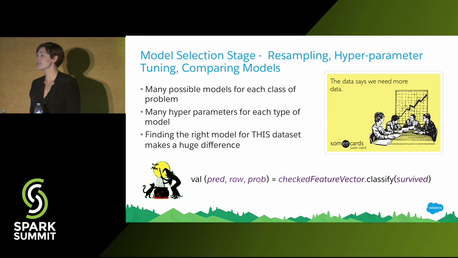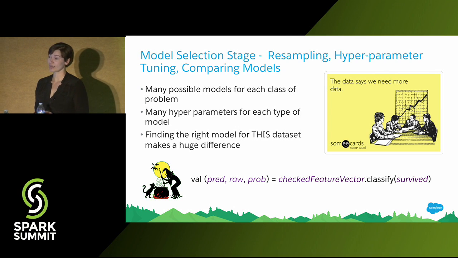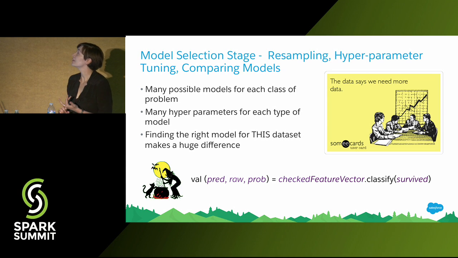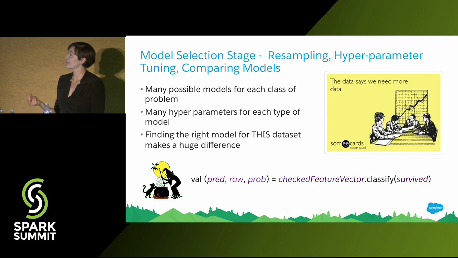So if you're doing a classification problem, you may want to check logistic regression, random forest, naive Bayes, gradient-boosted trees, and make sure that you have the right hyperparameters for each of those models. It turns out that even if random forest on average is the best model, it's not the best model in every single use case, right? Particularly for smaller data sets, logistic regression will often win.